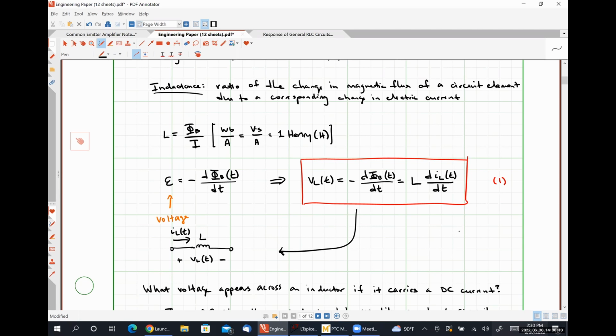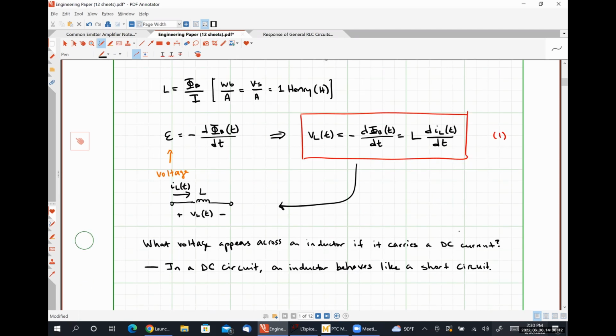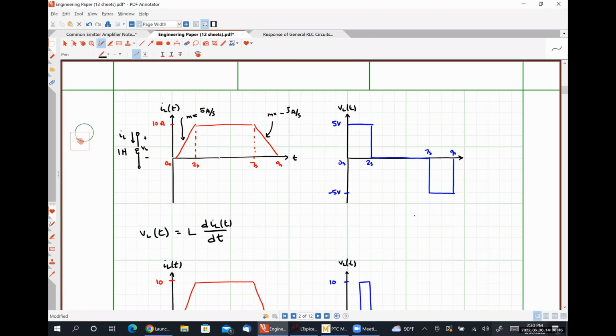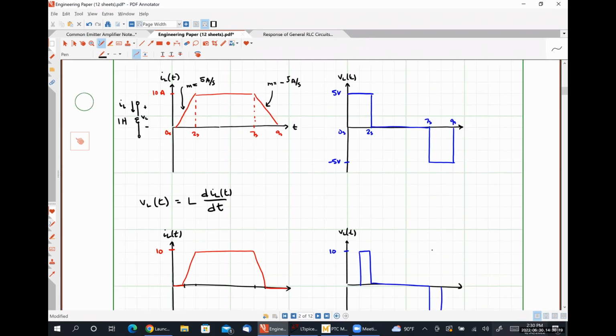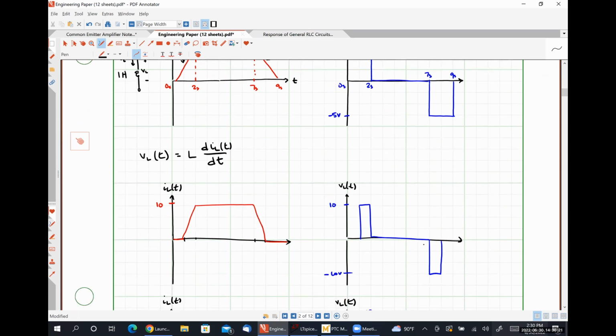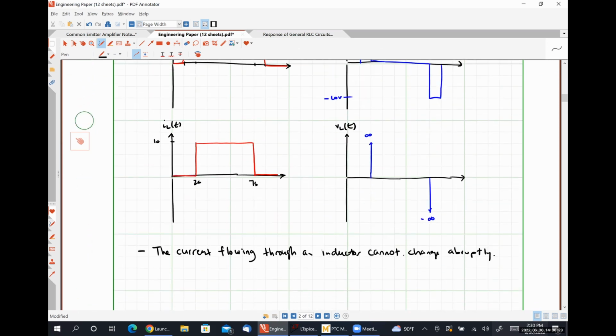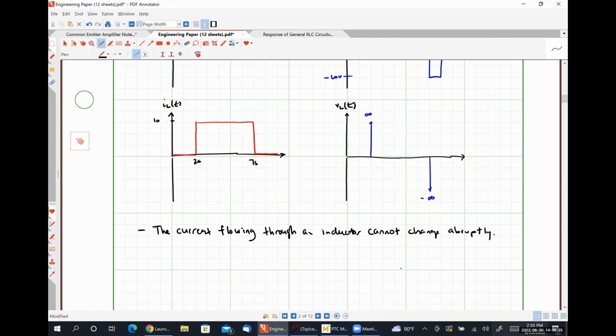In a DC circuit, an inductor behaves like a short circuit. And in an AC circuit, or one where the voltages and currents aren't constant, we have observed that the current that flows through an inductor cannot change instantaneously, or it cannot change abruptly, meaning it can't be, let's say, 5 amps and then also 10 amps at the same point in time, okay?